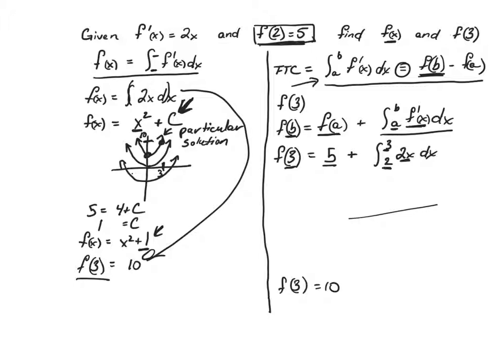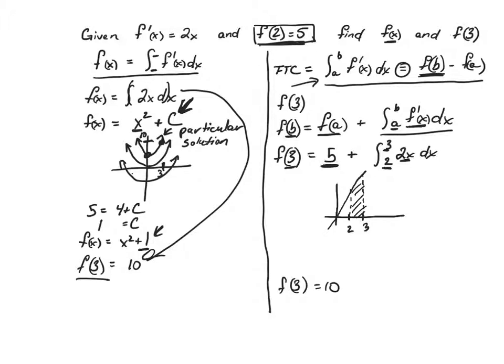So I guess if I drew a graph of that, let's do it down here. If I drew a graph of what's actually going on here, it would look something like this. I've got 2x, and the area from 2 to 3 that I'm accumulating in here is going to get added to the starting point.